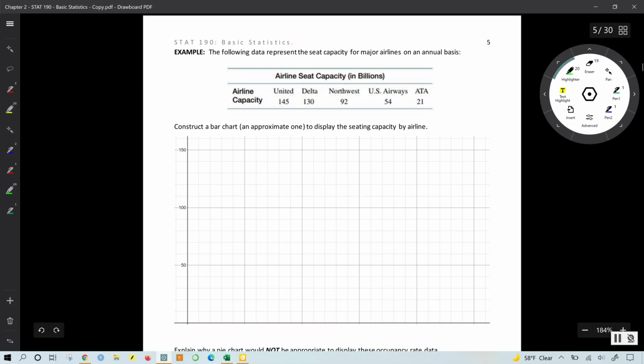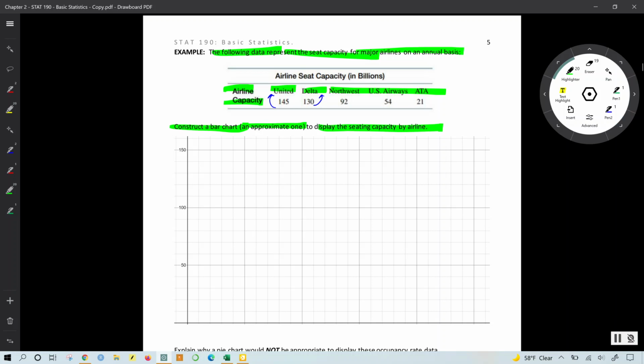In this example, we're told that the following data represents the seat capacity for major airlines on an annual basis. So you have the different airlines, United, Delta, and others, and then the capacity for each airline. So our goal is to construct a bar chart, sometimes an approximate one if you're using your hand, to display the seating capacity by airline.